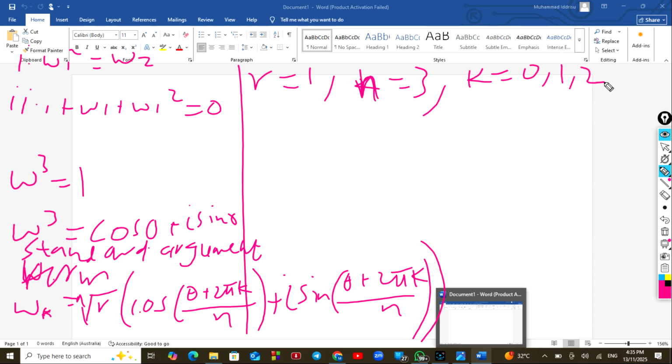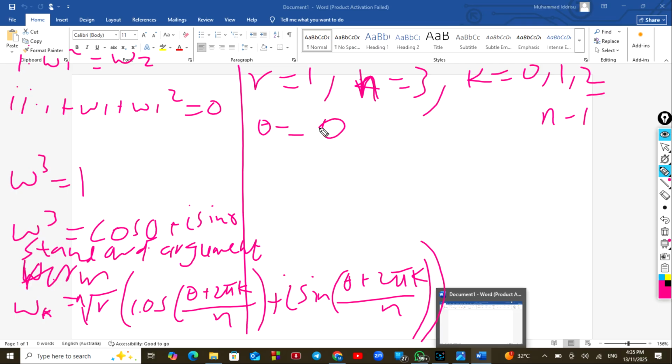So k starts from 0 up to n minus 1, which in our case is 3 minus 1, so k will stop at 2.